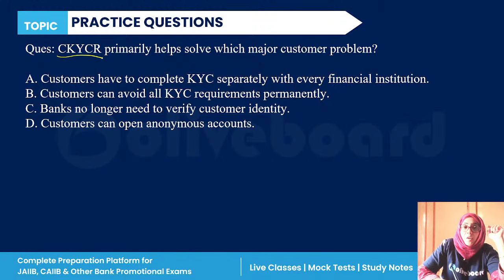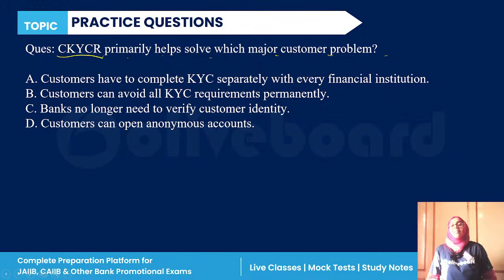Next question. CKYC-CR, Central KYC Record Registry, primarily helps solve which major problem? Customer has to complete the KYC separately with every new financial institution. Customer can avoid all the KYC requirements permanently. Bank no longer needs to verify the customer identity. Customer can open an anonymous account.